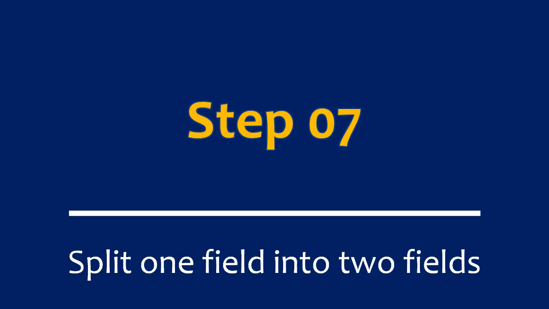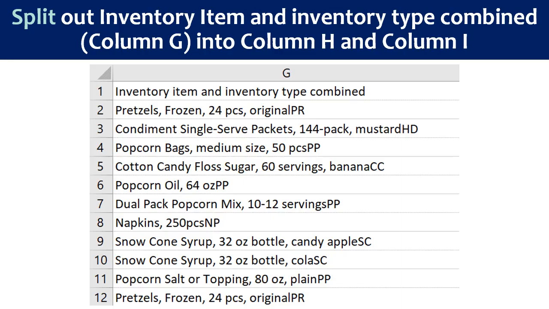In this step, we will be splitting one field into two fields. We will be splitting column G into two separate columns. Column H will have the inventory item and column I will have the two-letter inventory type ID.